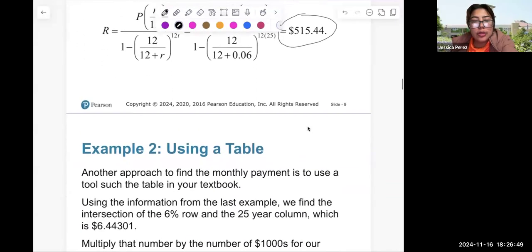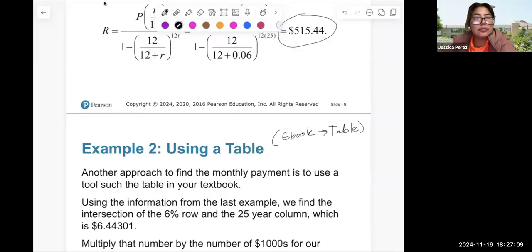Now, the second approach: another way to find the monthly payment is using the table from the textbook. That means going to your ebook and finding the table of monthly mortgage payments.